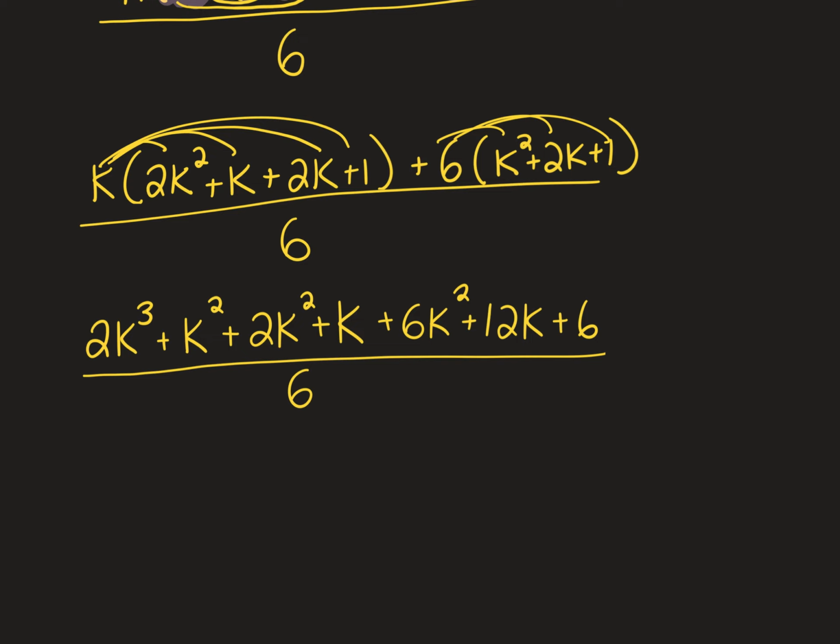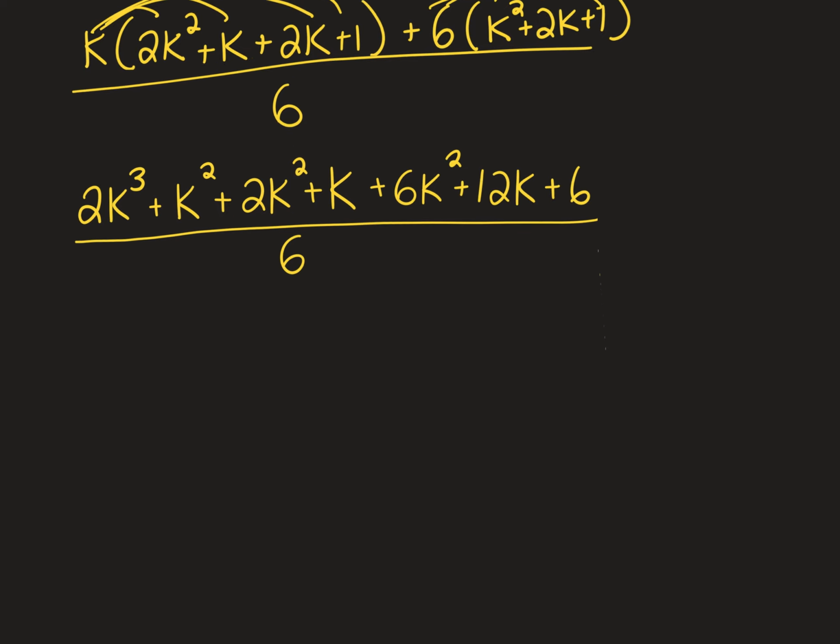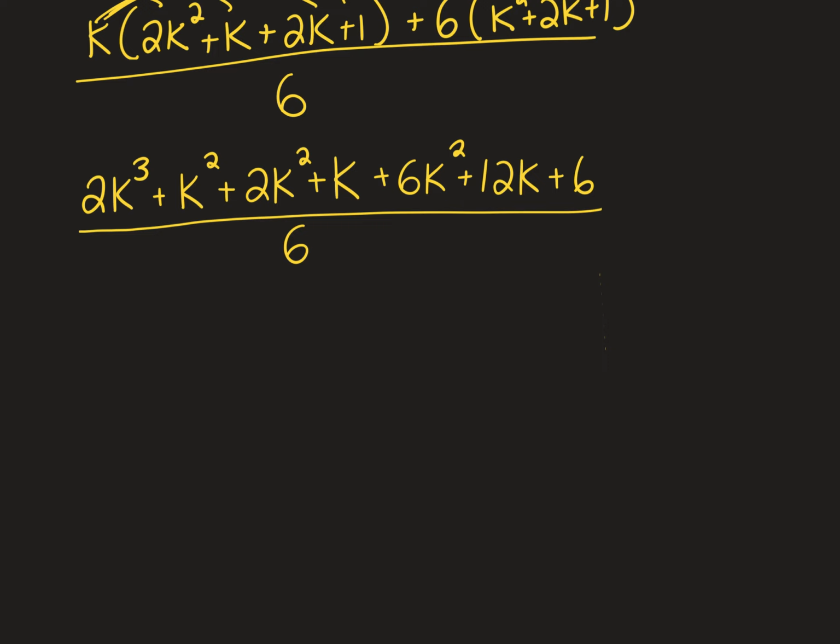So we've taken it from this really complicated looking algebraic expression. Now we've just got a polynomial, which we can add our like terms together pretty easily. So let's add our like terms together. So we'll start with 2k cubed plus, so we've got, let's see, k squared plus 2k squared plus 6k squared.